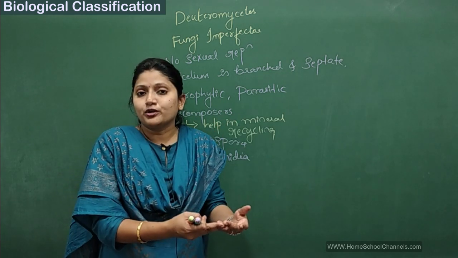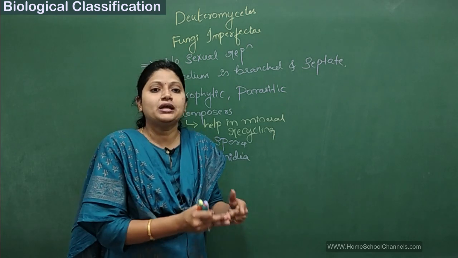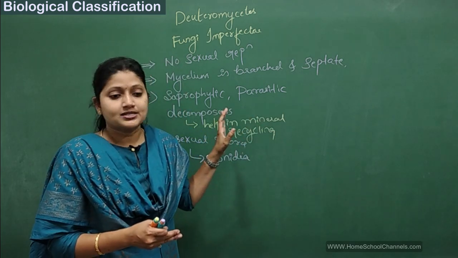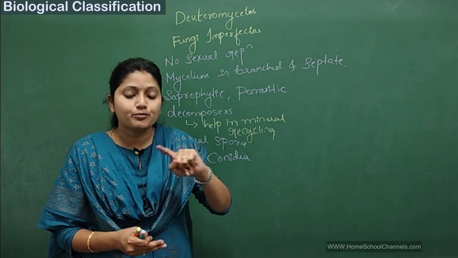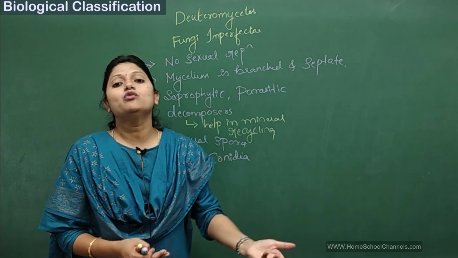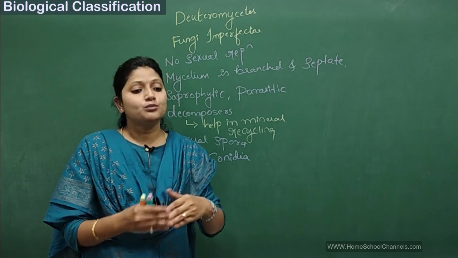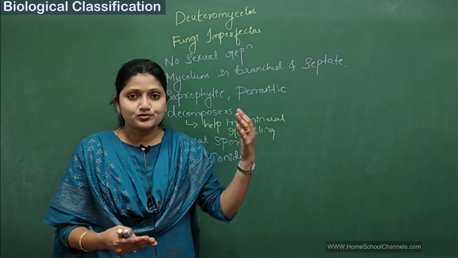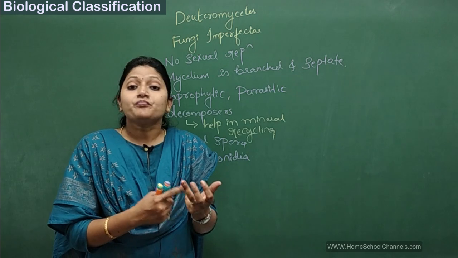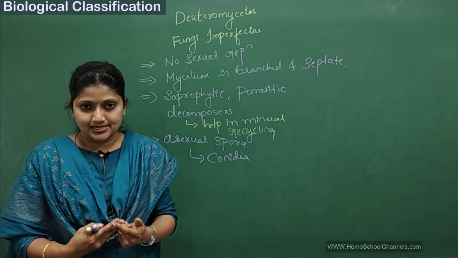Only when the sexual reproduction is not seen yet do we place it under the Deuteromycetes. Then that organism is moved to a different class of fungi as we studied earlier. It might be the Basidiomycetes or it might be the Ascomycetes.